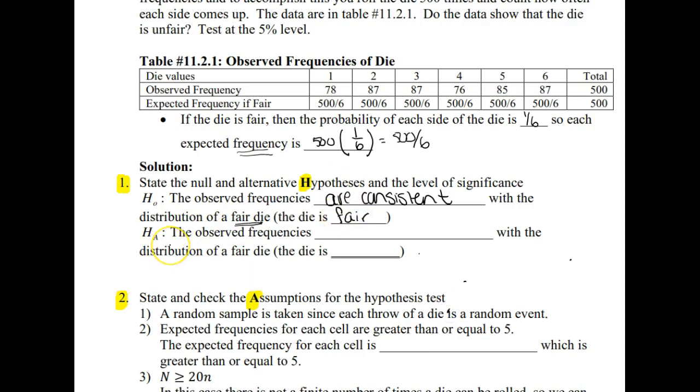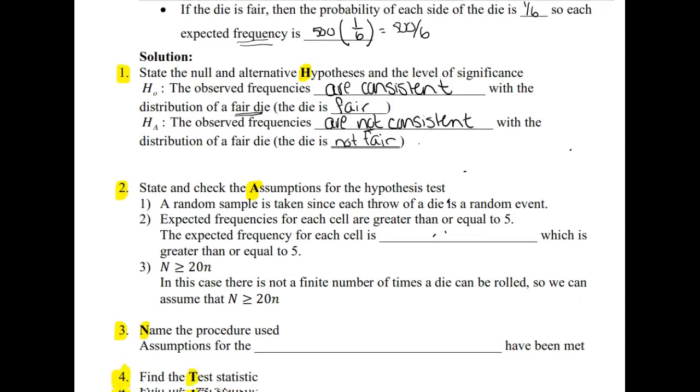The alternative says the observed frequencies are not consistent with the distribution of a fair die, so the die is not fair.